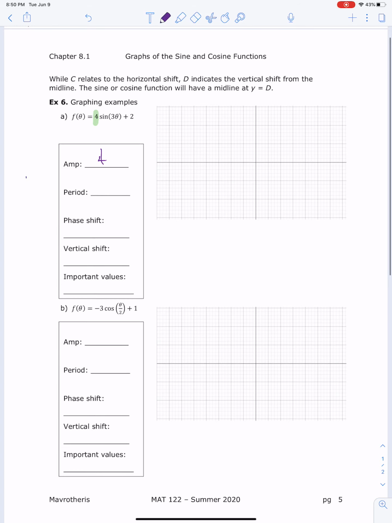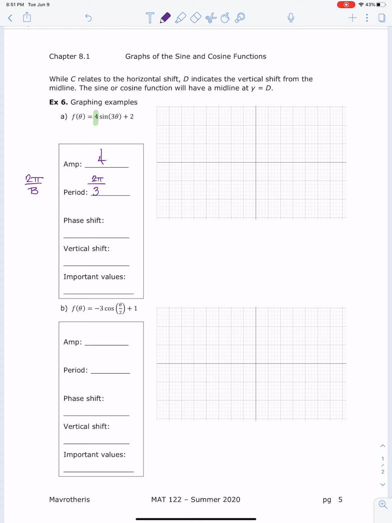Just a reminder, we find the period by finding 2 pi over b. So our period is 2 pi over 3, our b is 3. That means one complete cycle will happen in that span of 2 pi over 3.